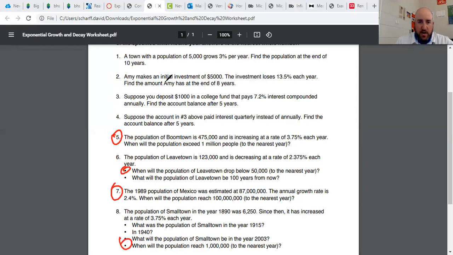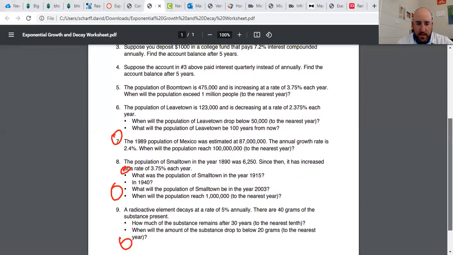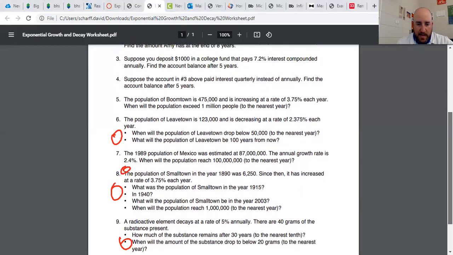The last part of number 8 would be like that one. And the last part of number 9, if I can kind of get it down there. So let's redo this. All right, so again, 5, first part of 6, 7, last part of 8, last part of 9 would all be like that, the plug and play, quote unquote.